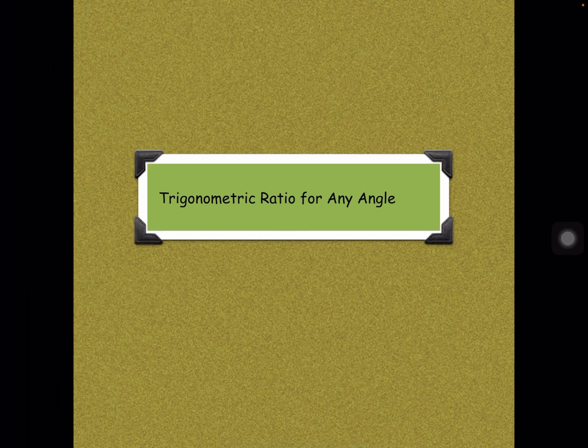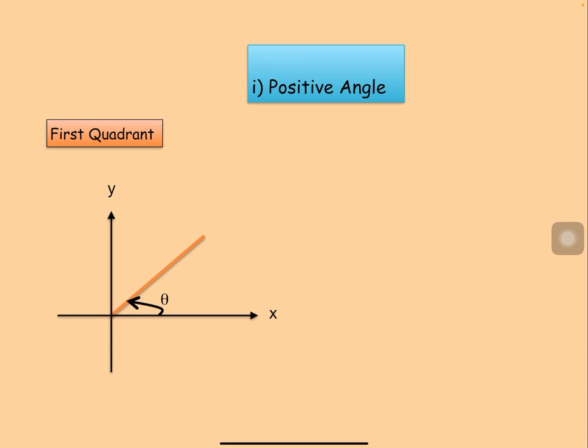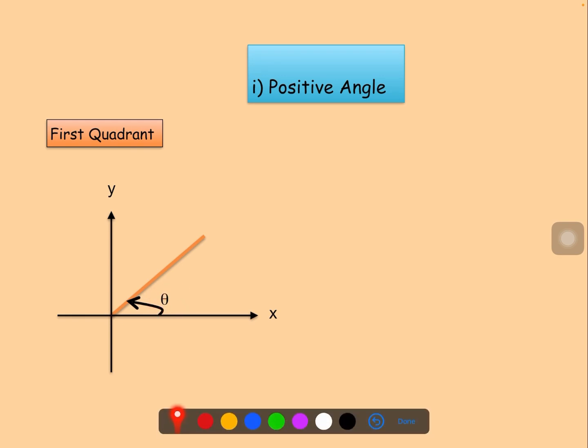Trigonometric ratios for any angle. Positive angle. First quadrant. Theta is in the first quadrant. So we have sine theta, tangent theta, cos theta.